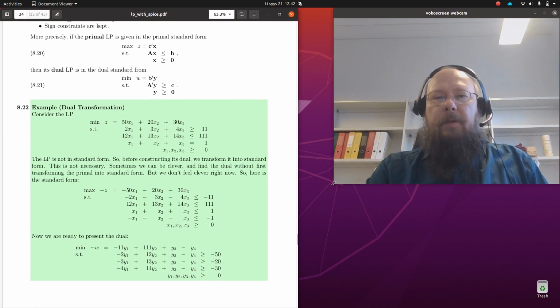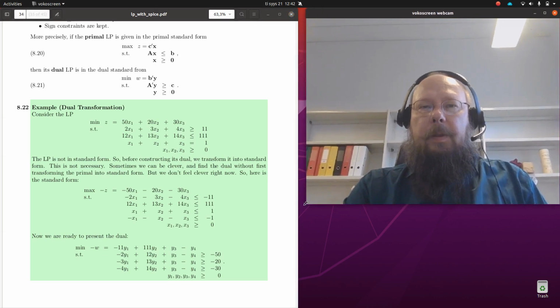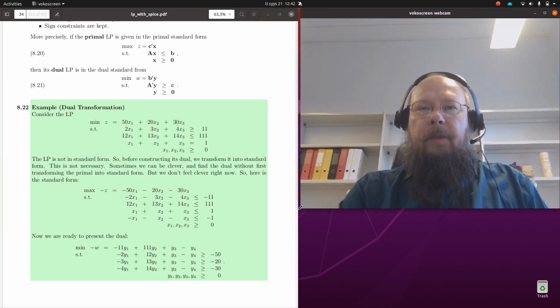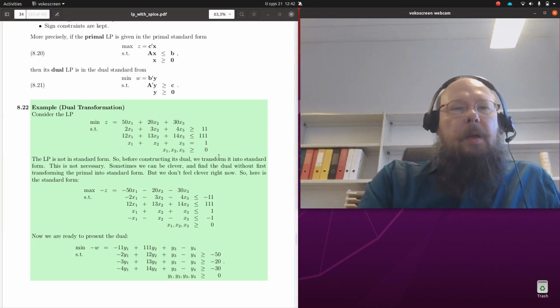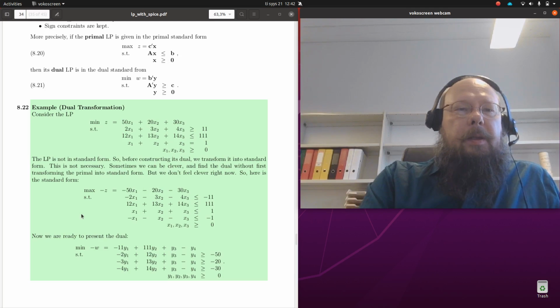Now everything should be visible, if not clearly, at least visible. So this is the primal standard form in general, and in this example this is now the primal standard form. C is here, B is here, A is here, everything is upper bound, and we have sign constraints.